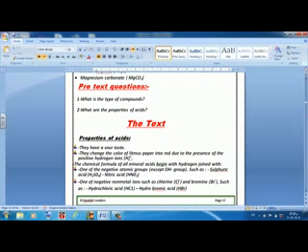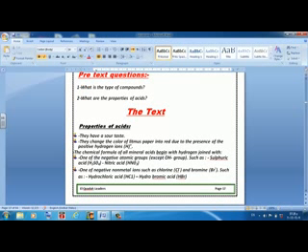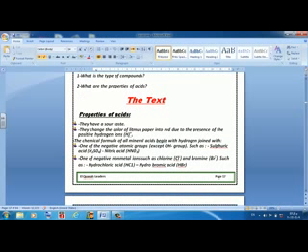Let's start our text with the properties of acids. Number 1, they have a sour taste. Number 2, they change the color of litmus paper into red due to the presence of positive hydrogen ions, H+.